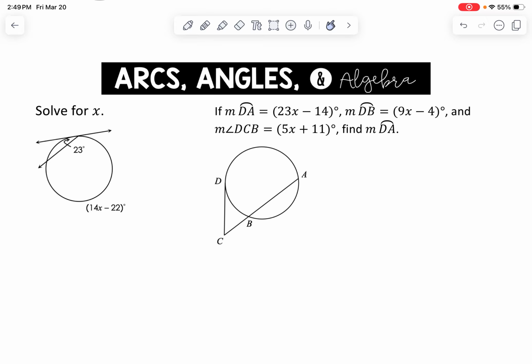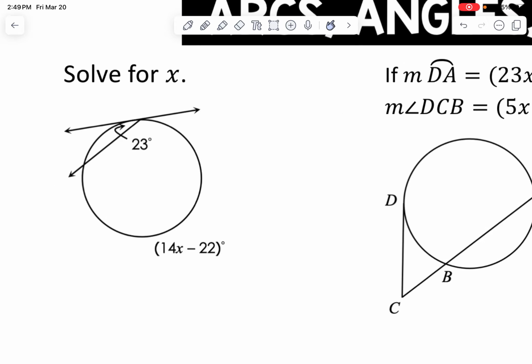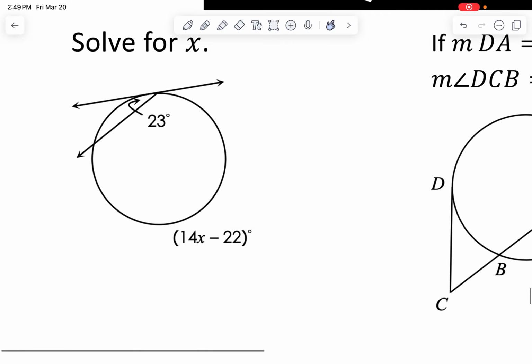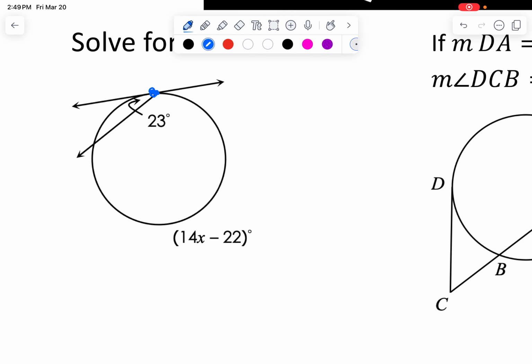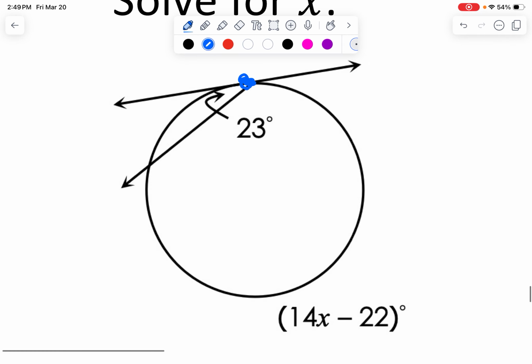This time, this picture says solve for x, and you'll notice it's right on the circle there. And that angle is 23 degrees. So that means this is 46 degrees.